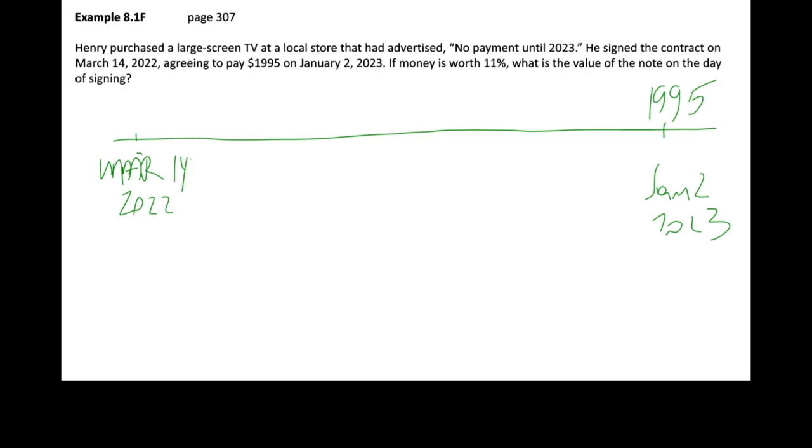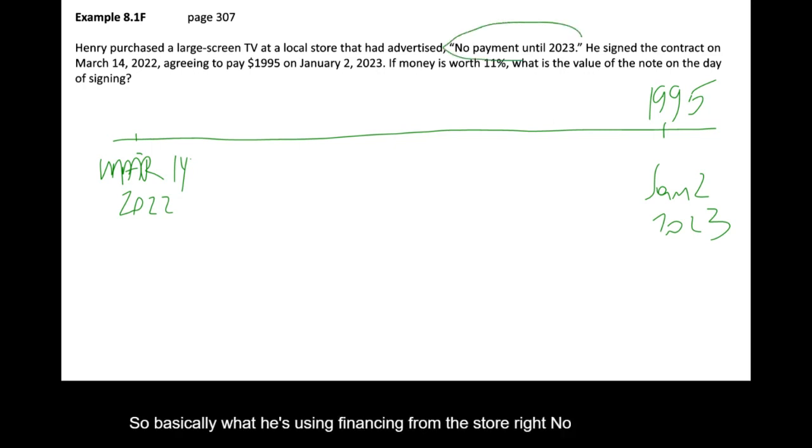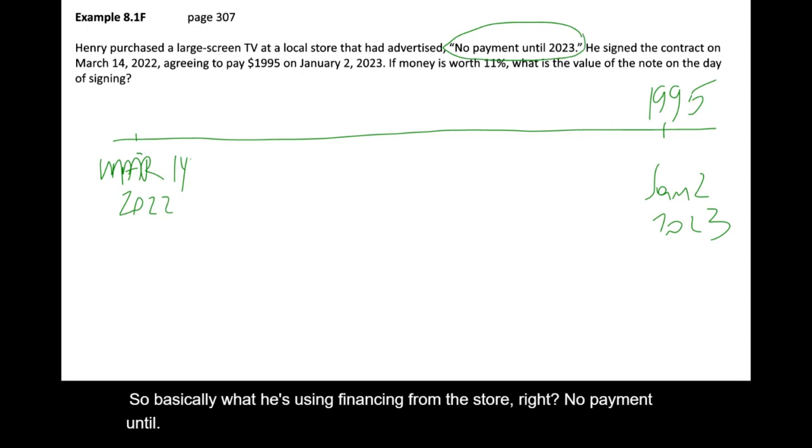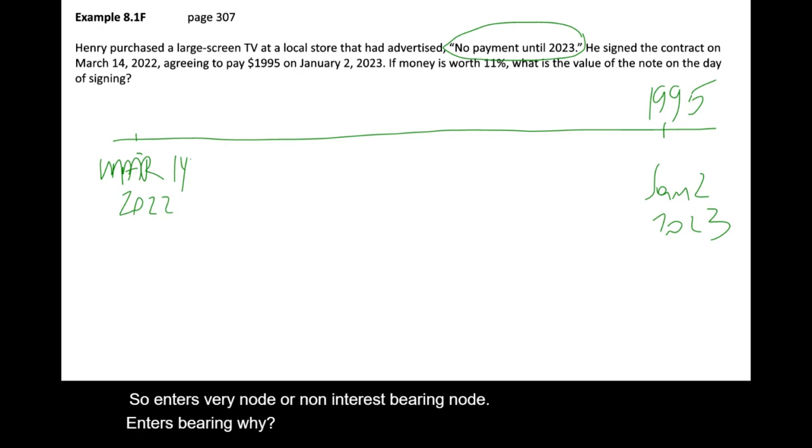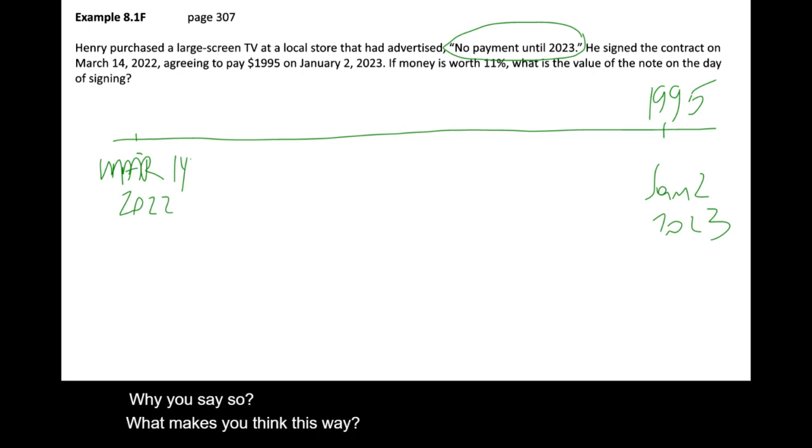So basically he's using financing from the store, right? No payment until. So interest bearing note or non-interest bearing note? Well, interest bearing. Why? Why you say so? What makes you think this way? Because you have 11%?